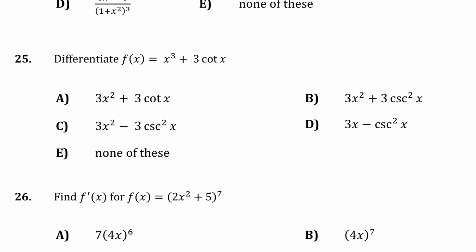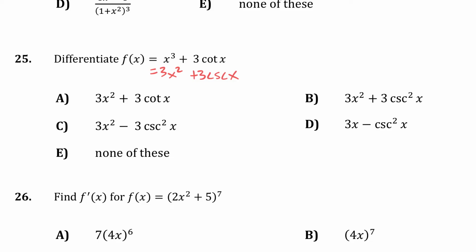Okay, differentiate this. And we got to remember, what's the derivative of cotangent? Yeah, cosecant. So this would be 3x squared plus 3 times cosecant of x. Oh, well, it's going to be b.